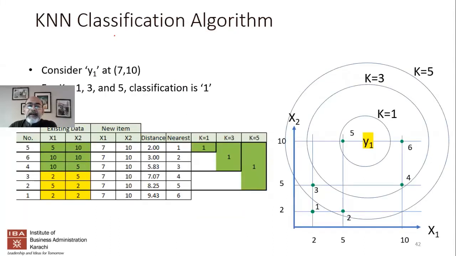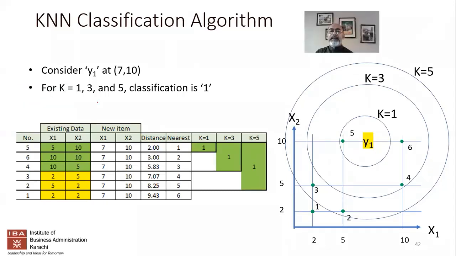Let's look at some examples with different values of k. I've already done k equal to 1. Let's say this is a new point y1, I'm not calling it X anymore.